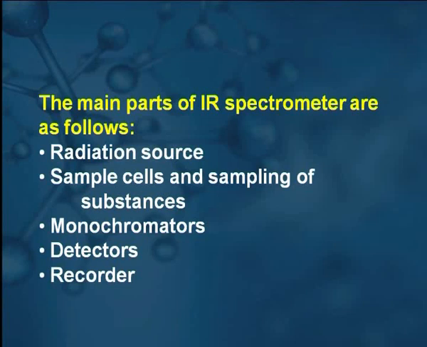Third part is the monochromator. The monochromator splits the light into two parts. Then the detector and then the recorder. The detector will detect the light passed from the sample, and then the recorder will give the IR spectra, which is the plot between the intensity and the frequency.